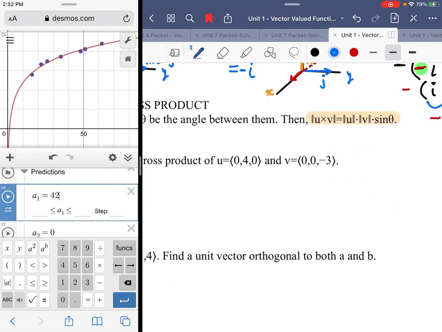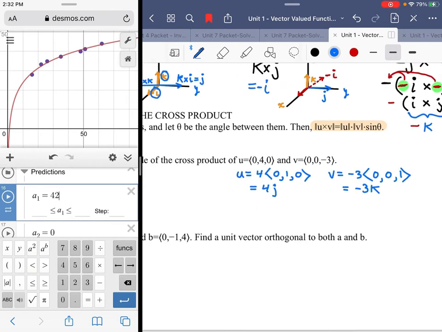All right, so U could be thought of as 4 multiplied by (0, 1, 0), where V could be thought of as -3 multiplied by (0, 0, 1). So this would be the same as saying 4J, and this would be the same as saying -3K.